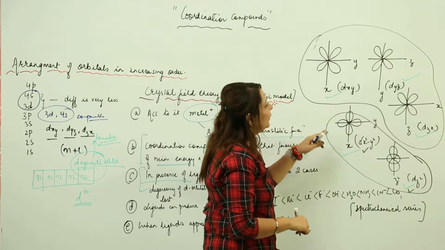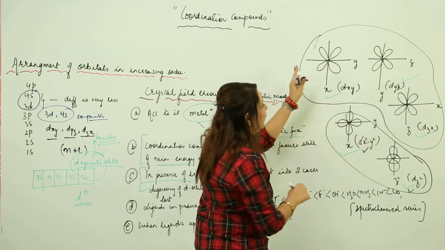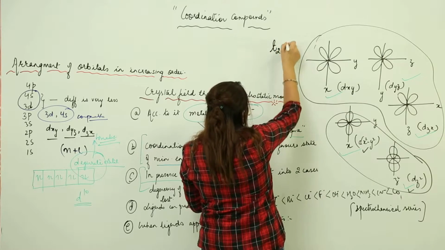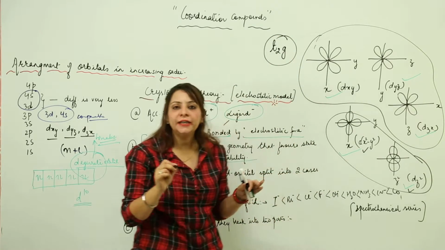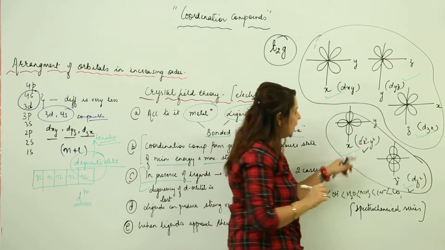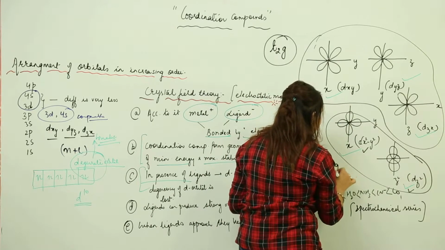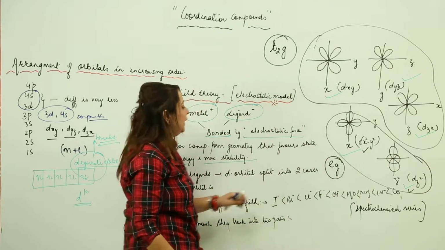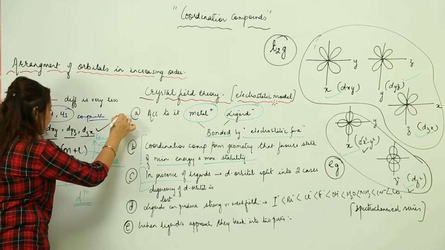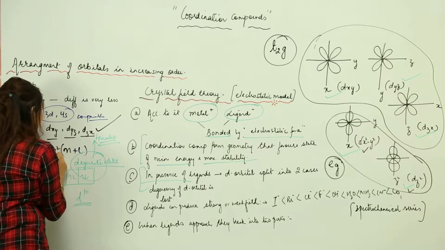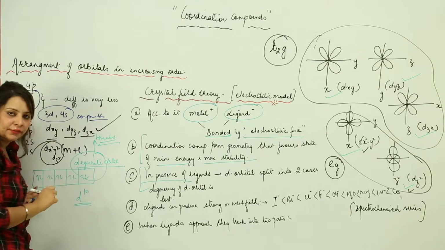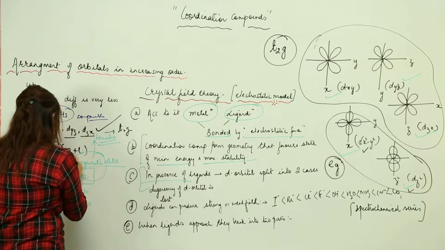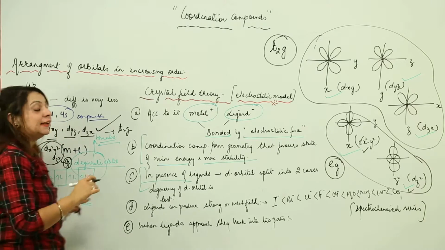So we indicate the energy of the first group by T2g, and the energy of the second group we abbreviate by writing Eg. So dxy, dyz and dzx possess different energy from dx square minus y square and dz square, which is indicated by Eg. So there is a gap actually.